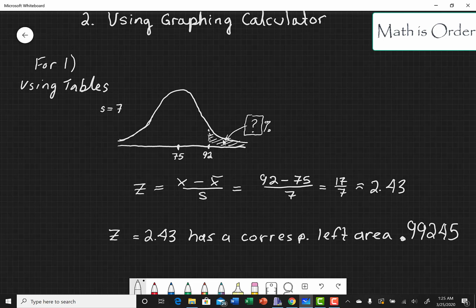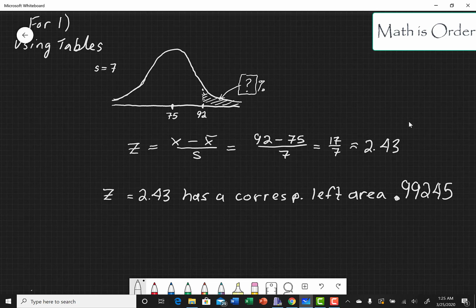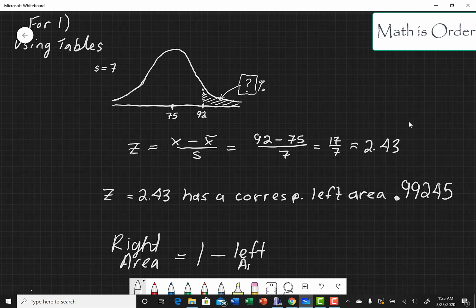We need the right area. So in order for us to get that right area, the right area is equal to 1 minus the left area, because again, the area under this whole curve is 1, which is also like 100%.